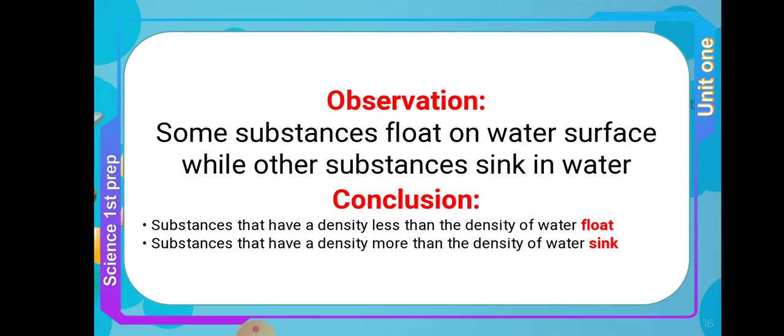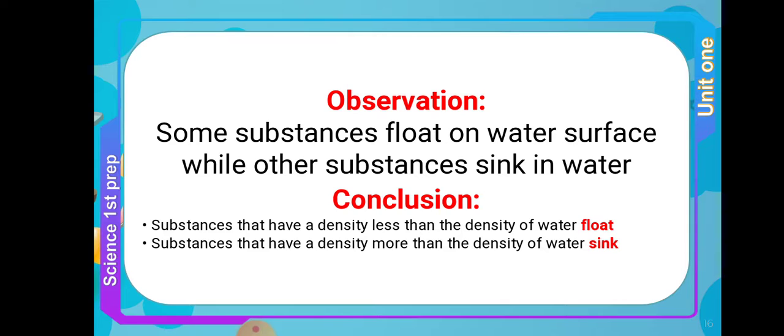What is the reason? The substances that have a density less than the density of water will float over the surface of water. But the substances that have a density more than the density of water will sink. And we must know that the density of water is 1 gram per cubic centimeter.